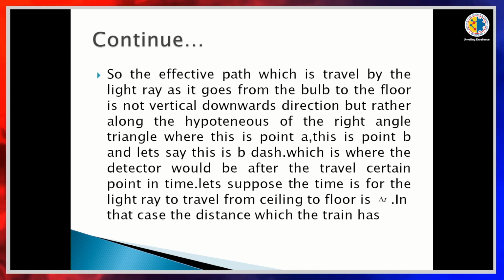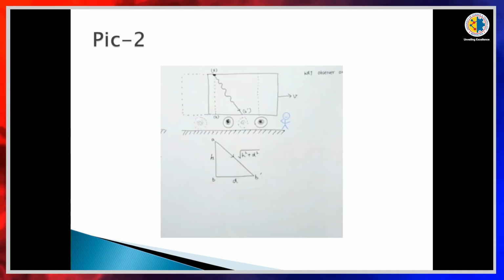Let's suppose the time for the light ray to travel from ceiling to floor is delta t. See the picture, the time period delta t is between the point A and B dash, where A is the initial point where the bulb is located, and B dash is the point where the light reaches the floor, along the hypotenuse of the right angle triangle A B B dash.